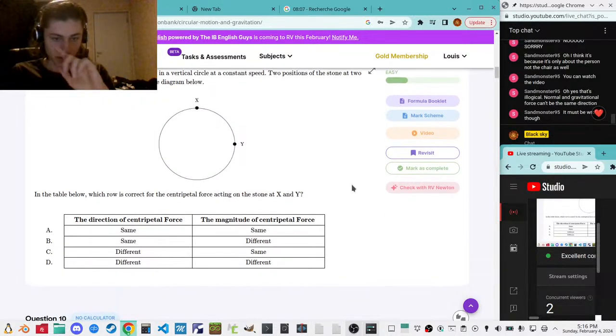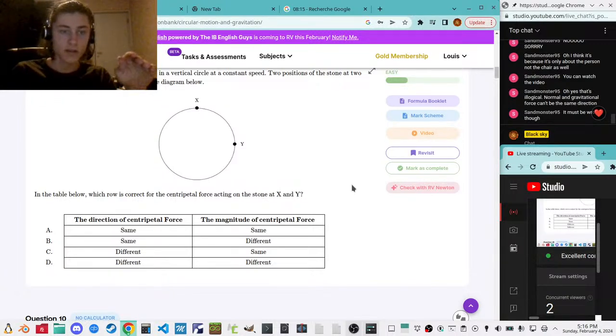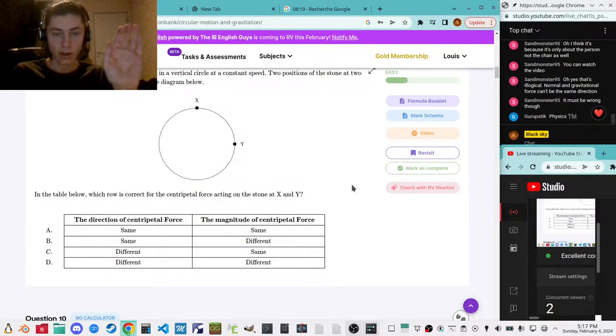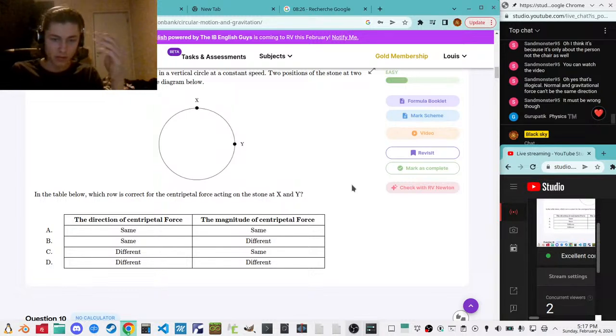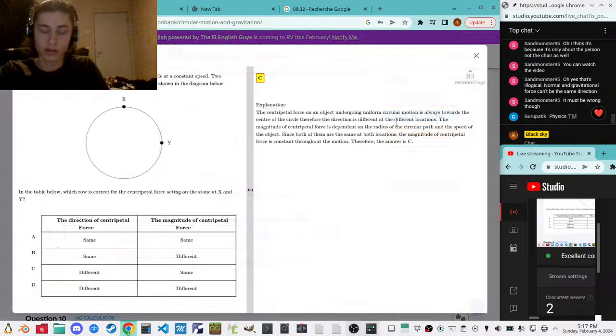Which row is correct for the centripetal force acting on the stone at x and y? Magnitude of the centripetal force. Wait, is it vertical? It's vertical. So I'm guessing direction of the centripetal force is different, same? Is this C? Let's just go with C. I don't have the time.